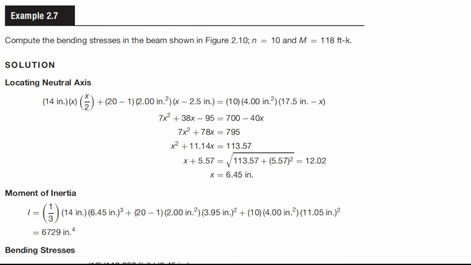What do you mean by n? n is the modular ratio. M is the moment. Let us take a look first at the figure.